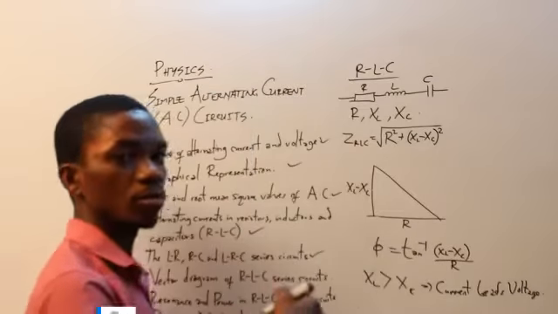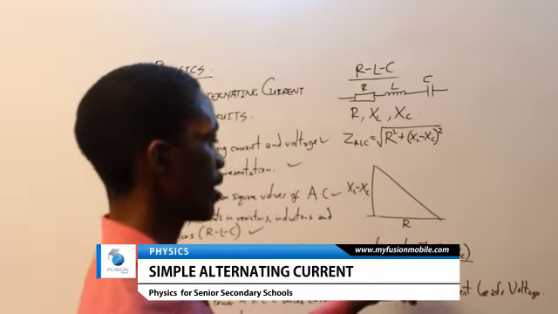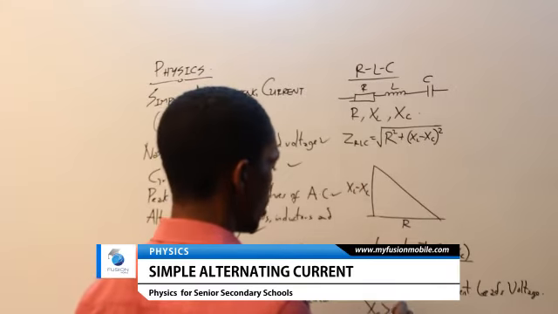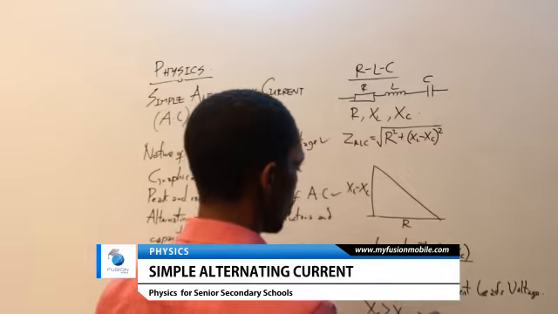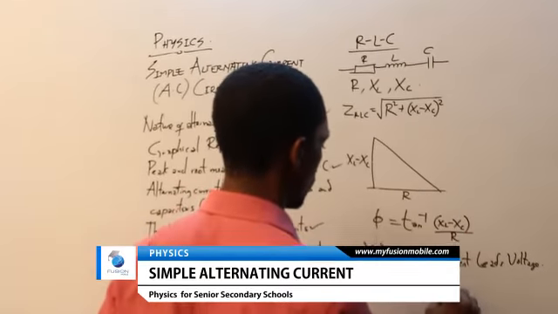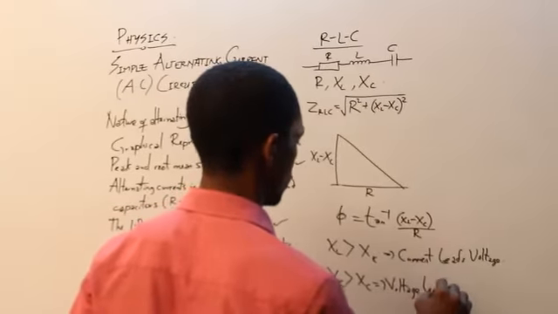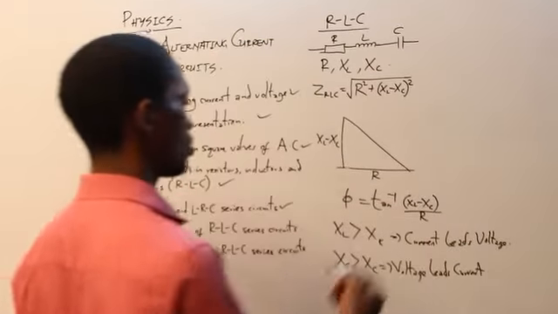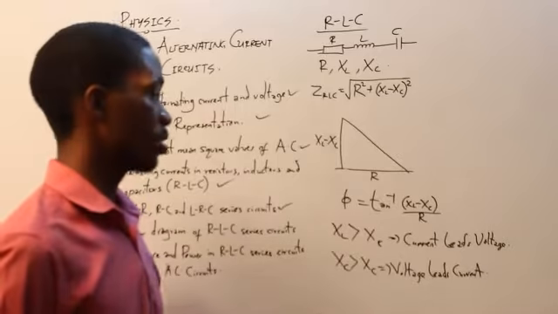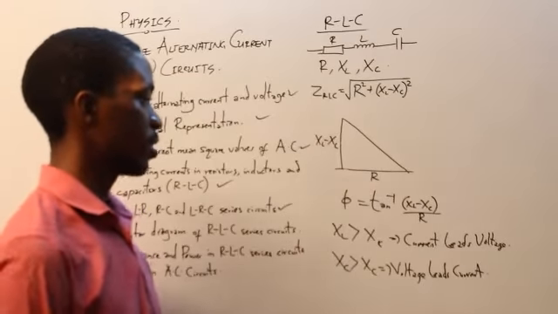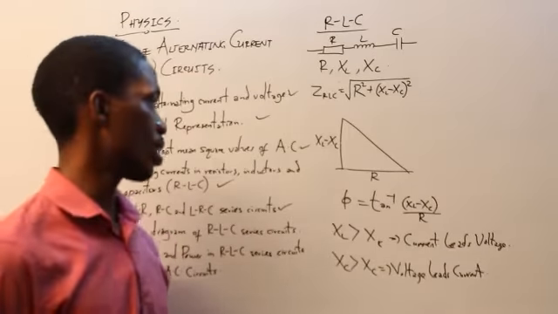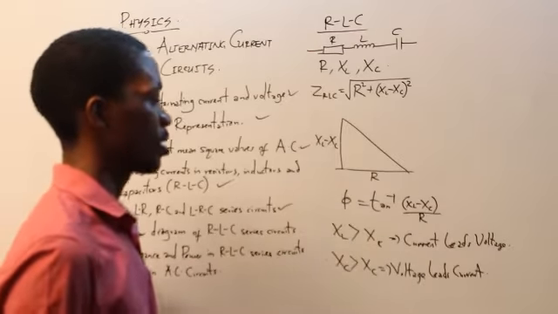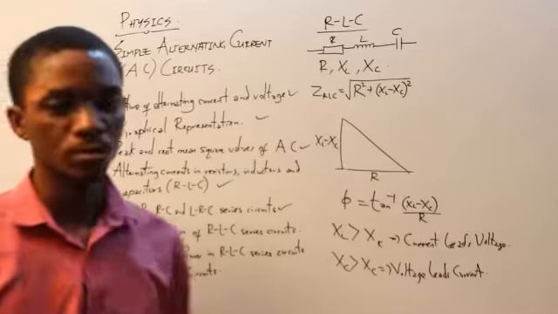So it means the current will come before the voltage, and the phase angle can be calculated by the expression. When our XC is greater than XL, it suggests that the voltage leads the current, and the expression is still provided. The angle between them is also given by the arctan of what we have on the board. So we can always easily just do the maths. And let's take an example on this topic.